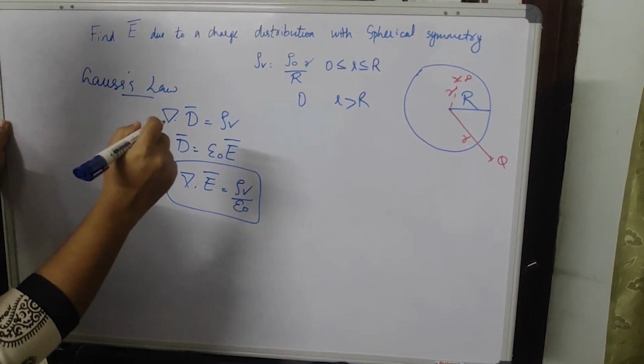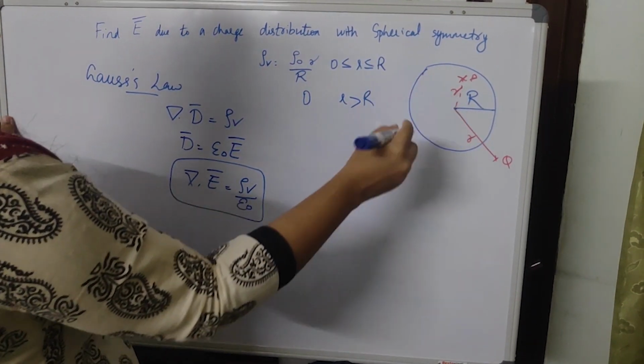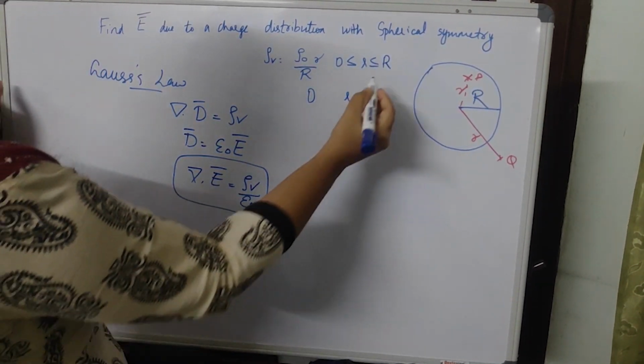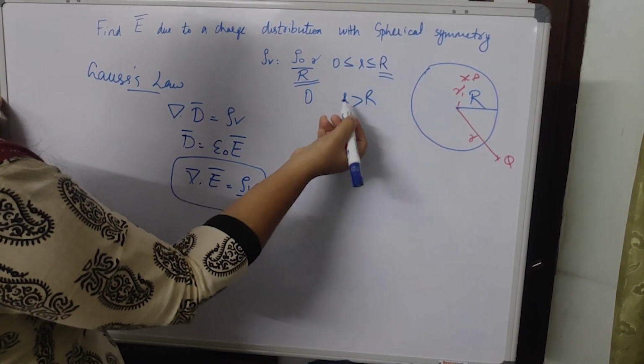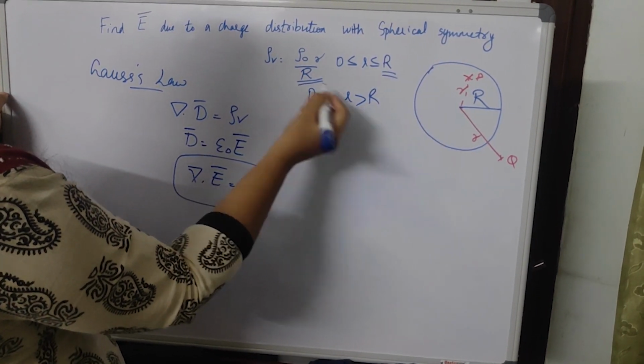So again, back to the problem. Here the issue is that for a distance up to capital R, the charge density is one value, and when small r is greater than capital R, it is another value.